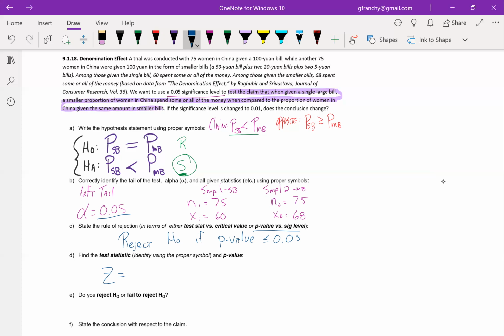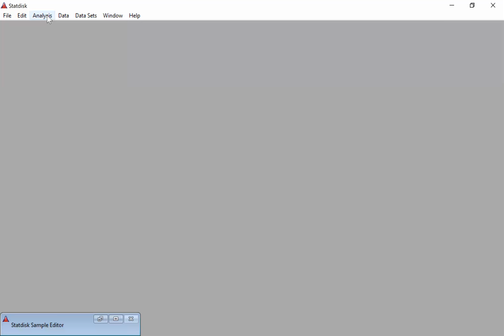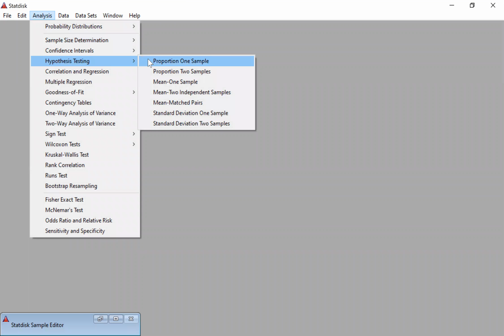So now we're ready to head on over to StatDisk to get our test statistic, which in this case is Z, because for proportions we use the normal approximation of the binomial to compute these. If you don't remember it's Z, that's fine, StatDisk will tell you, but now let's head on over to StatDisk. Analysis, hypothesis testing, proportion two samples.